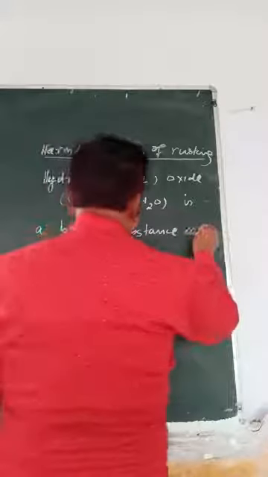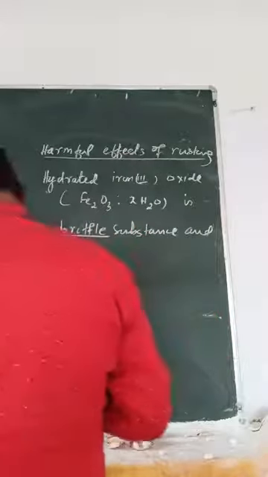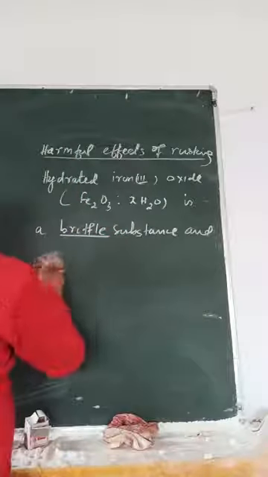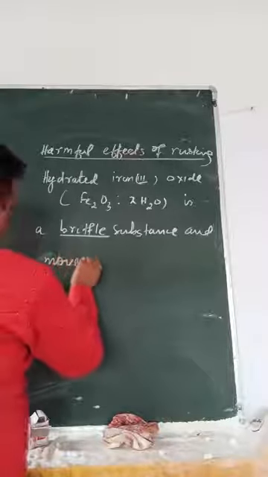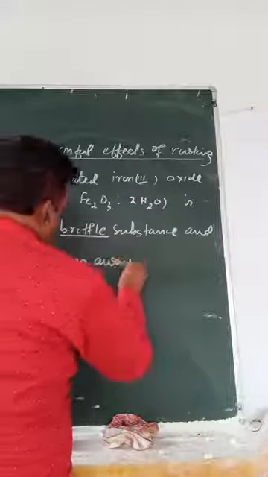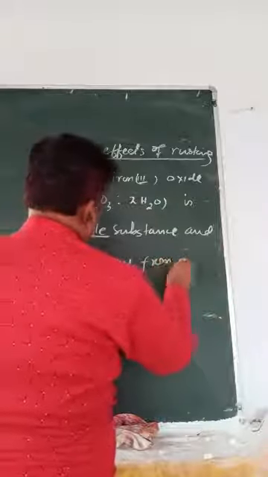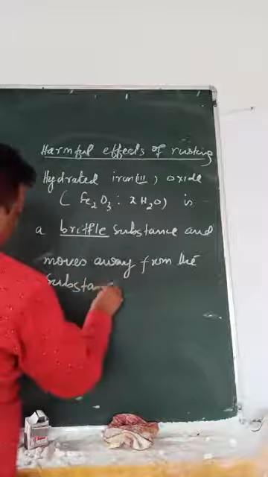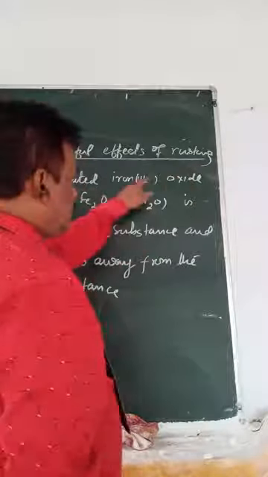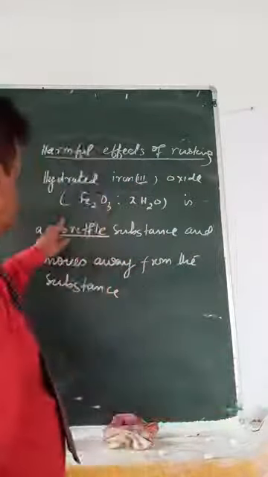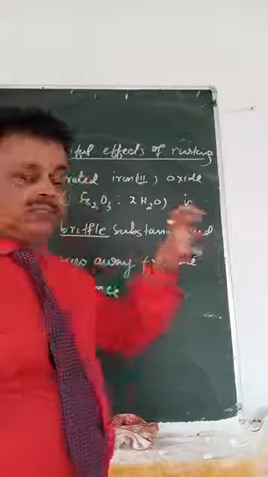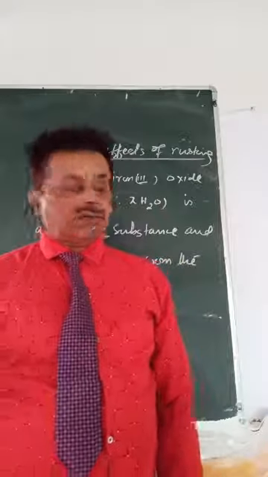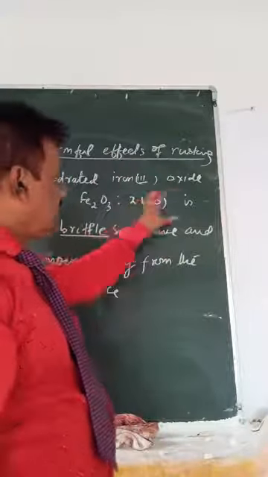And it removes and moves away from the surface. This hydrated iron oxide, the orange coat which is formed, is removed from the iron. So what will happen to the iron when that orange layer is removed?